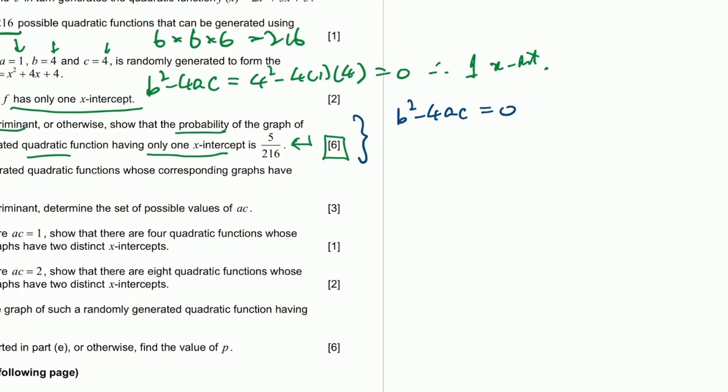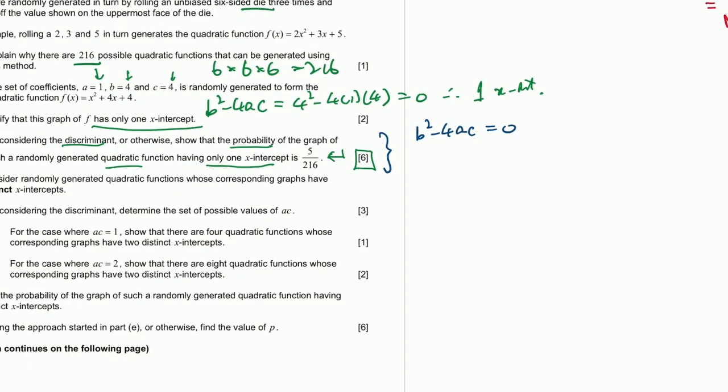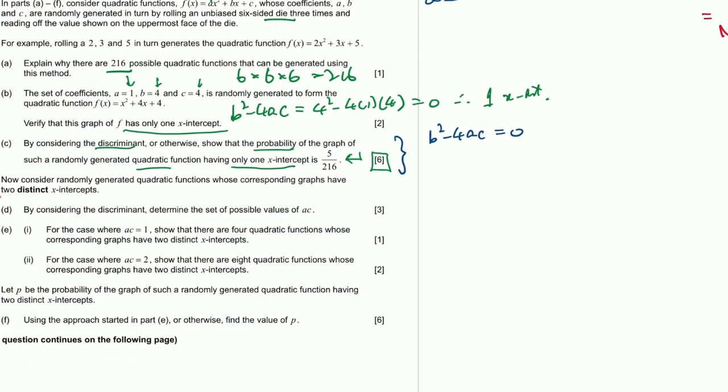I hope you see that. So have that in mind. Now remember, there were 216 possible quadratic functions that you can generate in this way. By telling you that the probability is 5 over 216, it's actually telling you there are 5 cases where the discriminant would be 0.